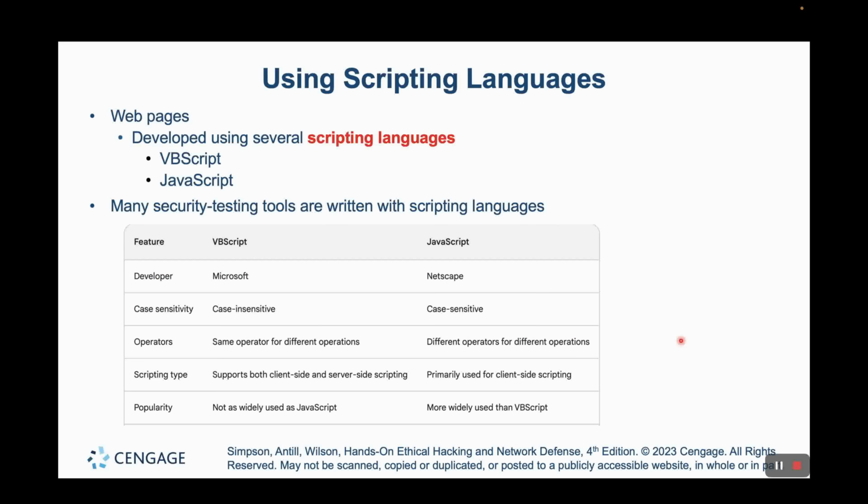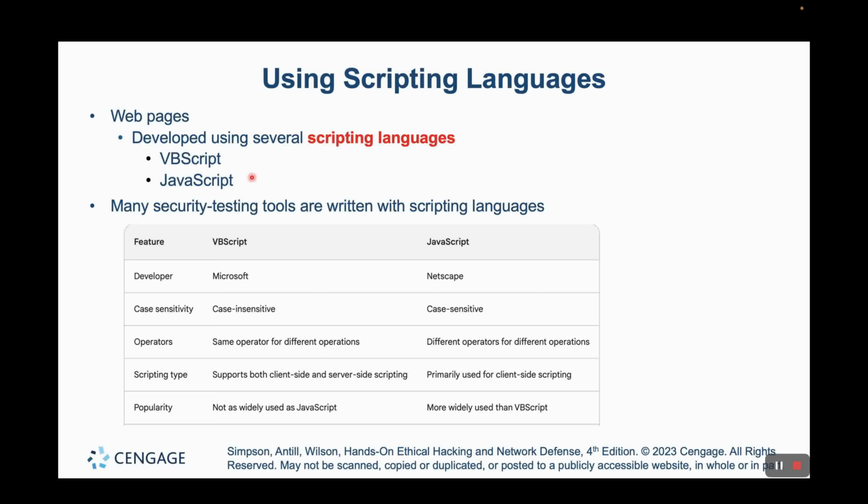It's very simple. Now, about scripting languages: many web pages have been developed using scripting languages, either Visual Basic Script or JavaScript. The Visual Basic Script can be used to create interactive web pages that usually respond to user input. You could use it to create a form that allows users to enter their email and their name, and so on.